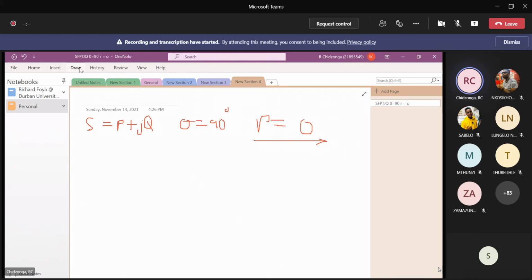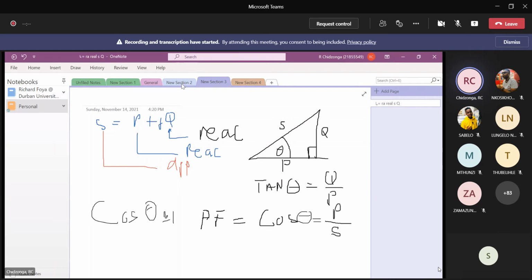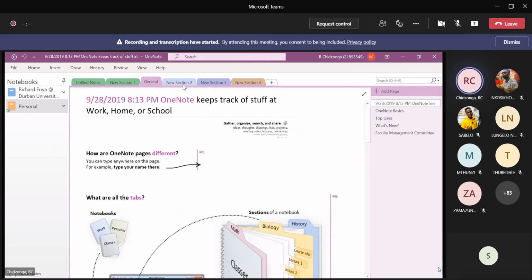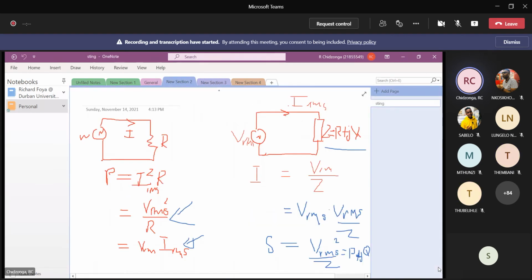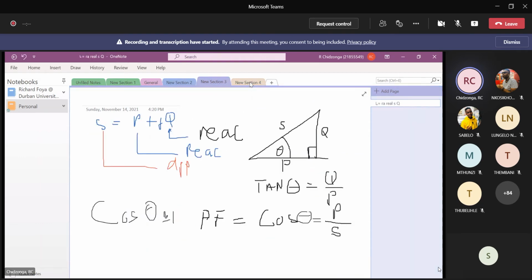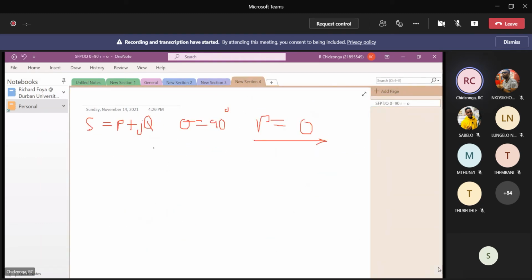So the situation, as I've painted it before: you now have a motor where the initial power factor is 73%. The voltage is 400 and the current is 31 amps.